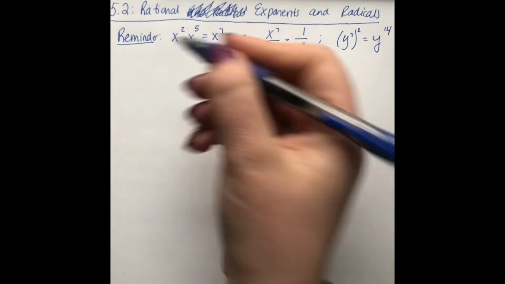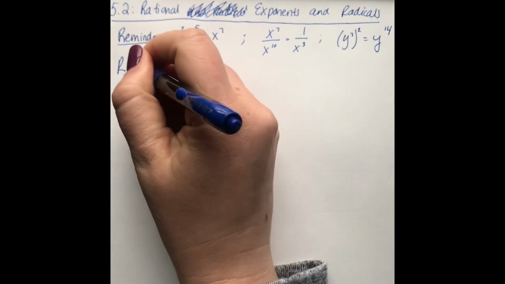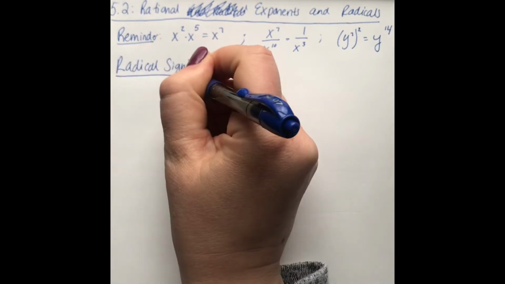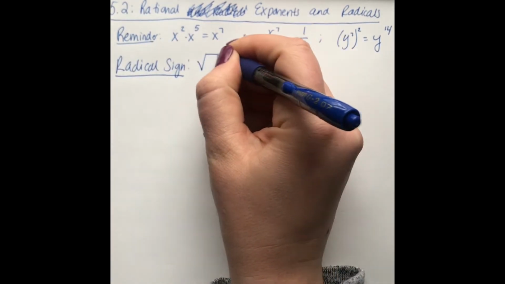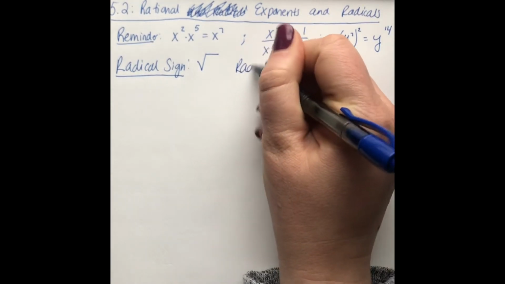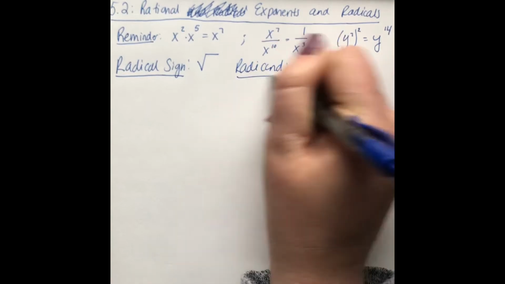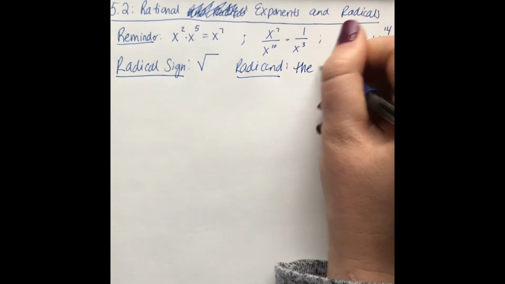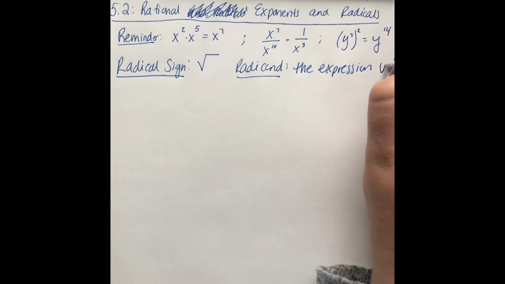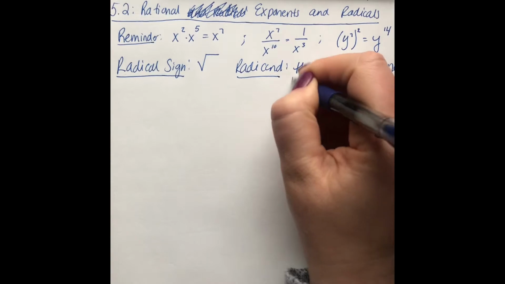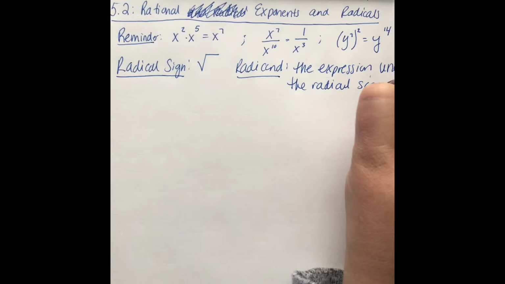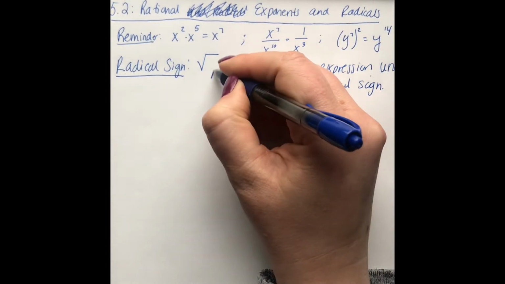rational exponents and radicals. So the radical sign looks like this. Okay, the radicand, the expression under the radical sign, so that would go right underneath there.